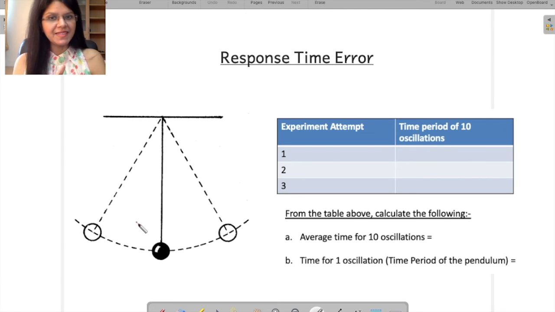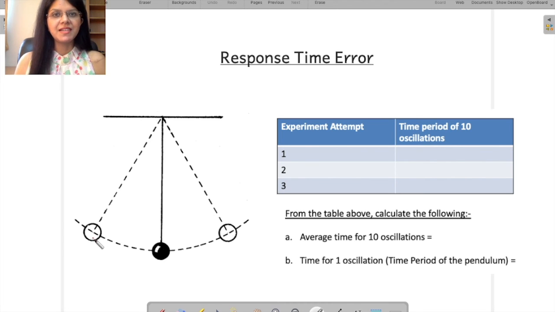Your eyes will see that the pendulum has reached this location. The eyes will send a signal to your brain. The brain will process the information. The brain sends the signal to your hand to stop the stop clock. So all this process takes some time, because of which there will be a delay in stopping the stop clock, and it leads to response time error.